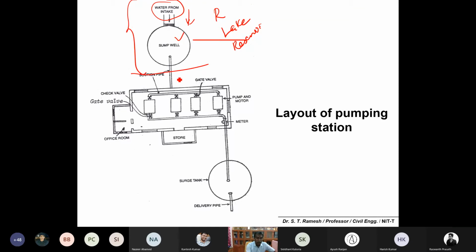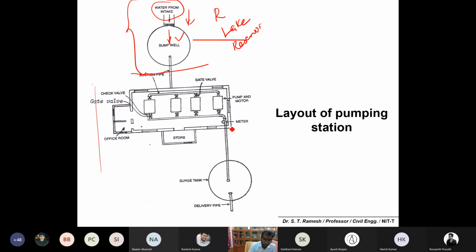From the sump well the water is taken into a pumping station. This need not necessarily be near the intake structure; it is near the pumping station also, a sump well where you can receive the water.